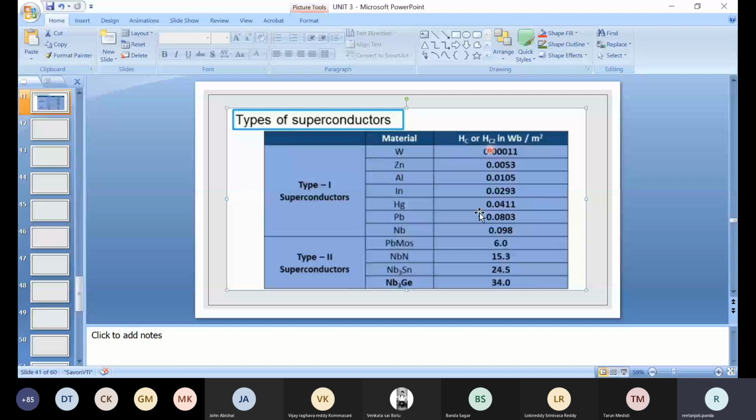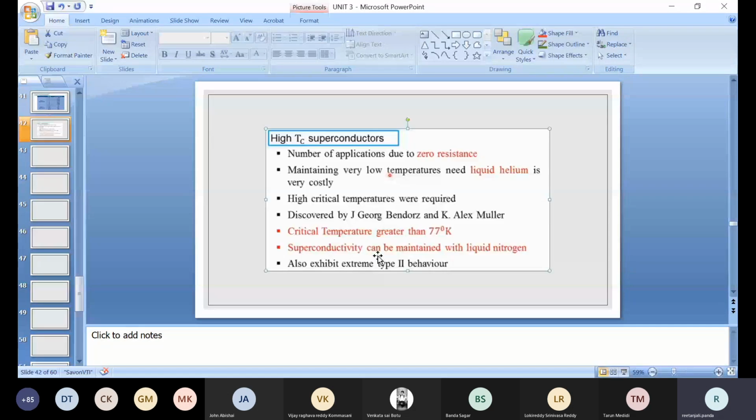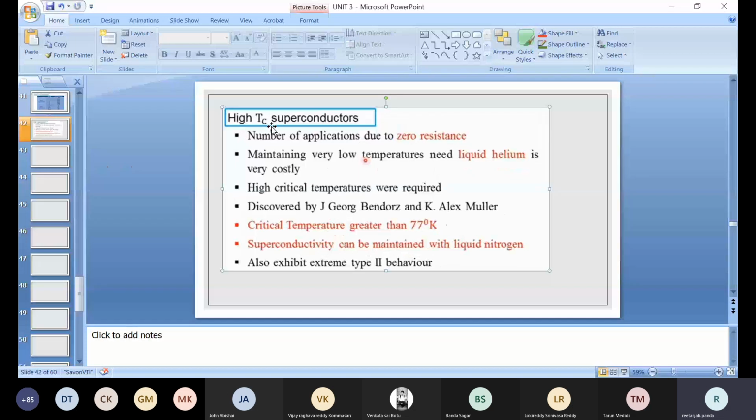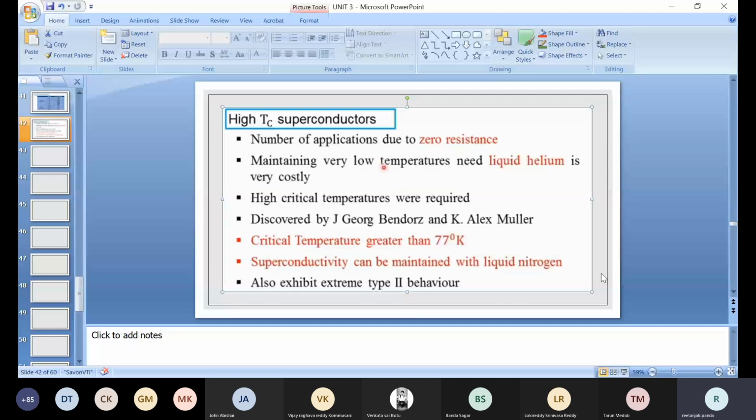Now we will see the high critical temperature superconductors, those materials which possess a high critical temperature. High critical temperature means what? The critical temperature for this mercury, what we observed, was 4.2 or 4.3 Kelvin, I think.